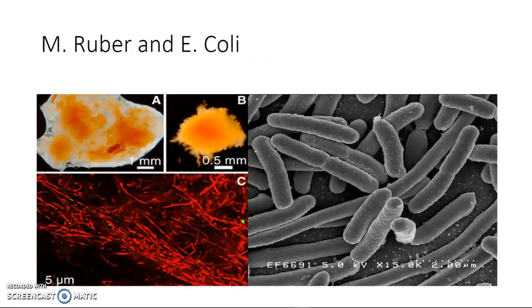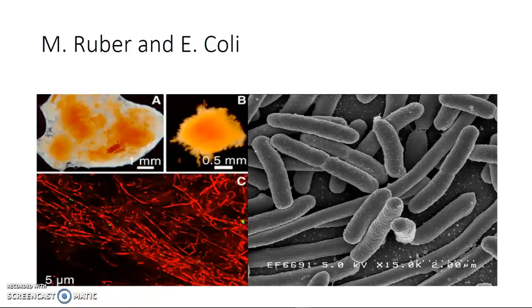So why are we studying Myothermus ruber, and why are we using E. coli as a control? Myothermus ruber is a bacterium, gram-negative. It is also an obligate aerobe, so it performs aerobic respiration, just like humans.